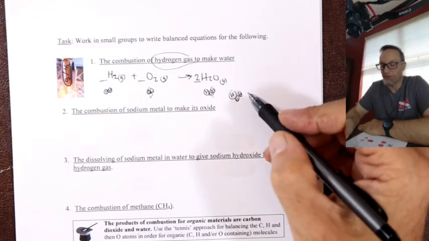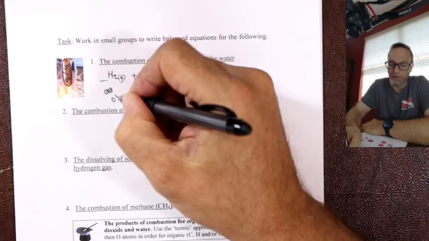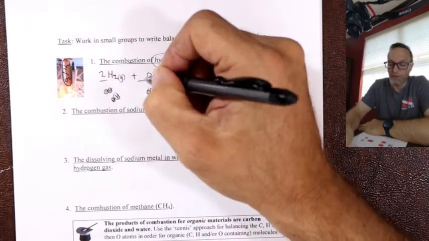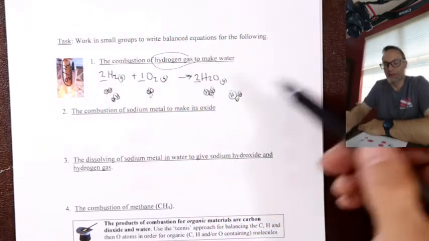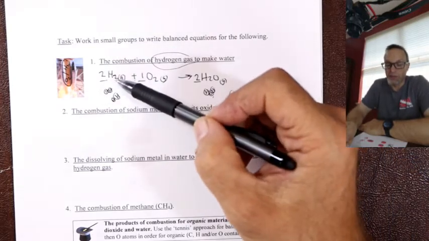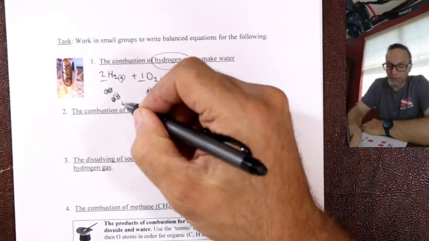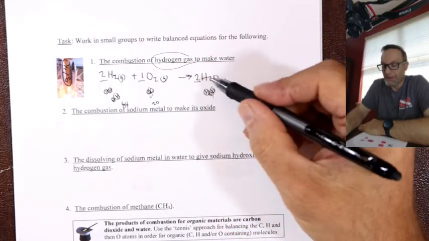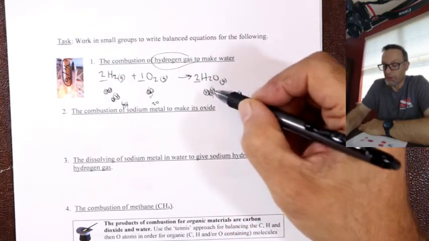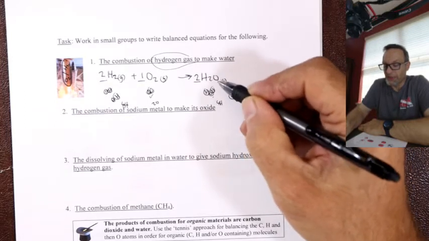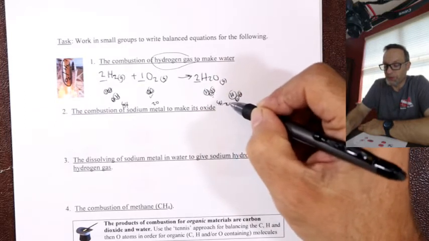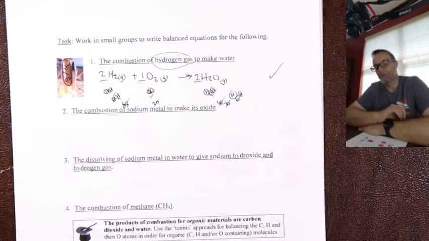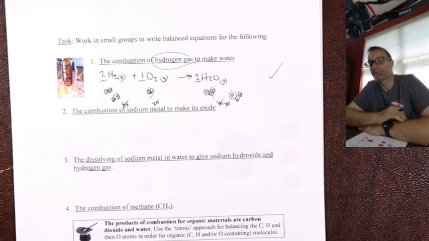I got 4 hydrogens over here now, so I need 4 over here. I need another hydrogen molecule. So you can count them. I got H2, and there's 2 of them, so that's 4 H's. 1 O2 is 2 O's. And then 2 H2O, 1, 2, 3, 4 hydrogens, and 1, 2 oxygens. So 2 oxygens were good, 4 hydrogens were good. It's balanced.